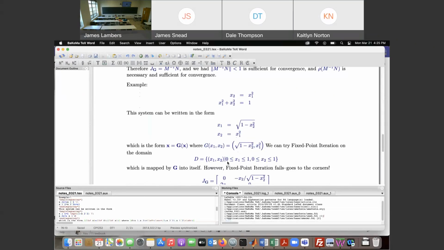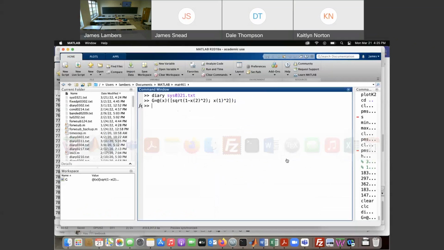So g does map this domain into itself. So let's see what happens. If I just pick the midpoint of this box, so x1 and x2 both equal 1/2, now we'll do x equals g of x, and we'll see what happens.